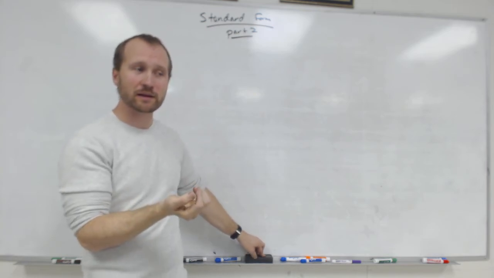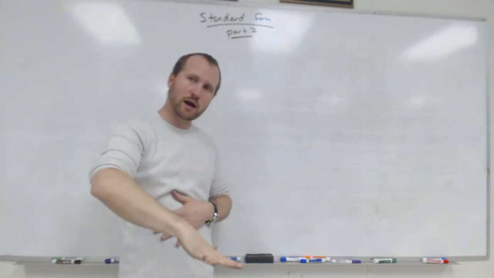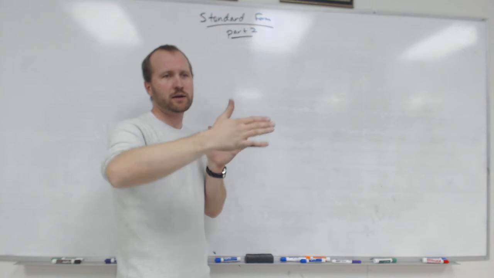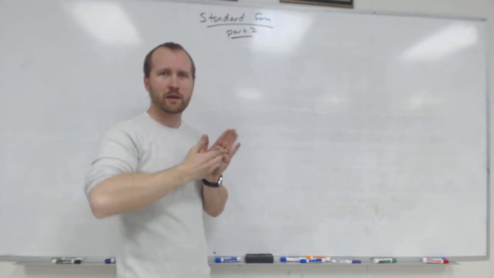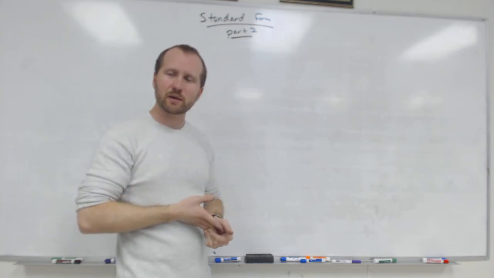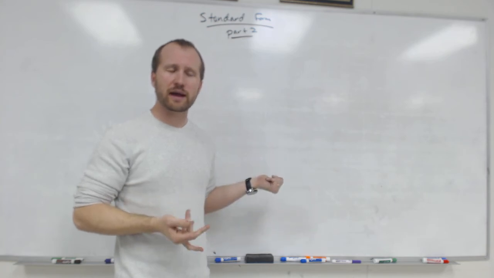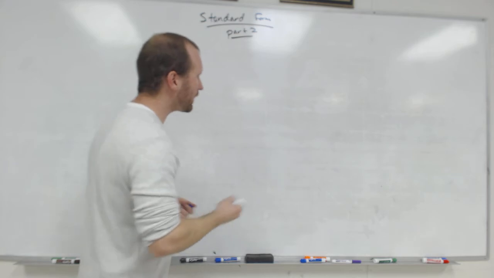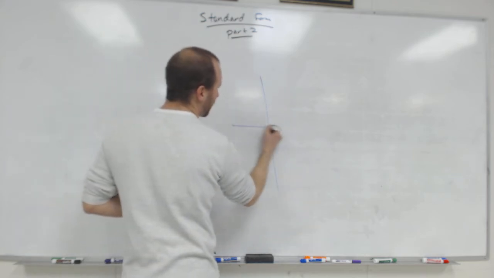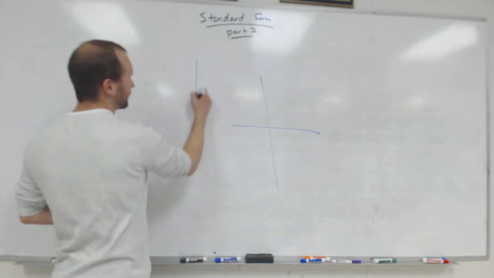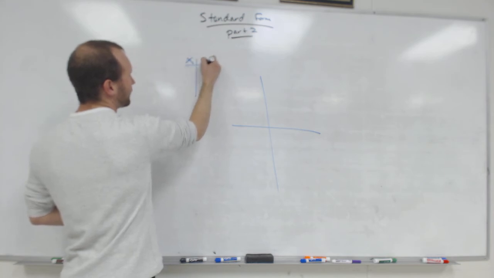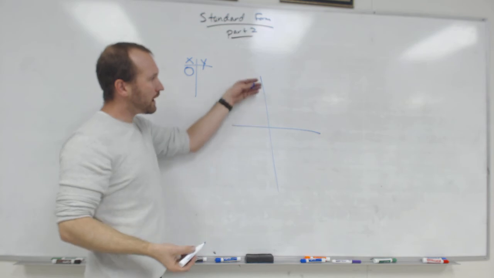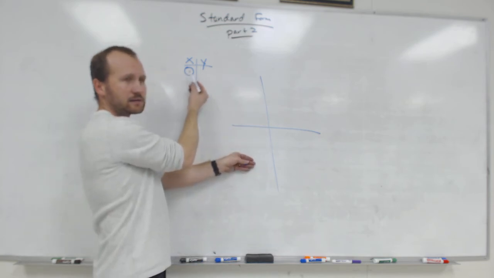It's kind of weird to think that the x-axis is y equals 0 and the y-axis is x equals 0. But it makes sense too, because along the y-axis, y is always changing, and along the x-axis, x is always changing. And we kind of already knew that. The y-intercept, the point where a line hits the y-axis, is where x is 0.